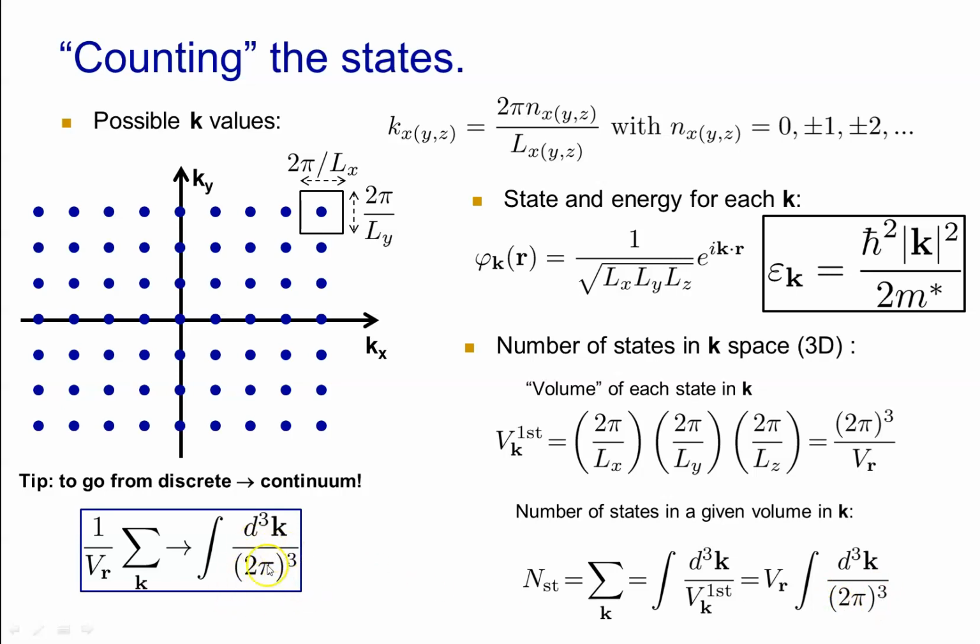Notice that this (2 pi) cubed is really important. It comes from the volume for a single state. So whether we want to take the continuum limit or the discrete limit, we can go from one to the other by replacing the sum with the integral, but remember to divide by the volume and also divide the integral in k by (2 pi) cubed. If you are in 2D, it's going to be (2 pi) squared, and here it is going to be an area, but the idea is pretty much the same.